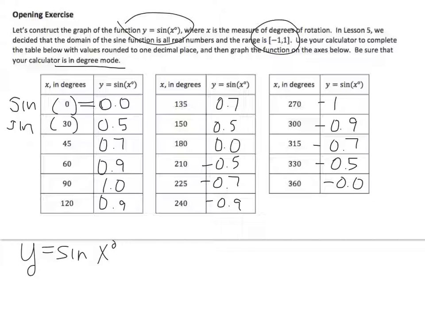Actually, you get 0.5 exactly, because sine of 30 is 1/2. How about sine of 45? That's 0.707, which is what you get if you type in square root of 2 divided by 2. So your calculator is calculating it for you rather than you going back to the unit circle to look at it.